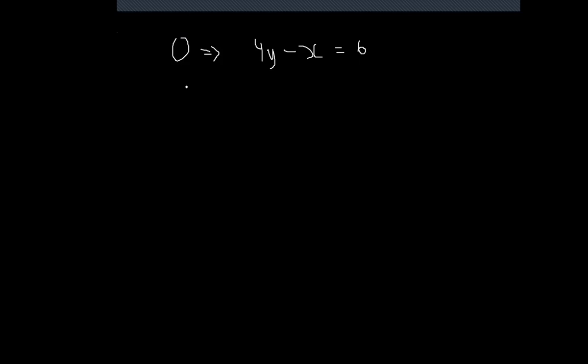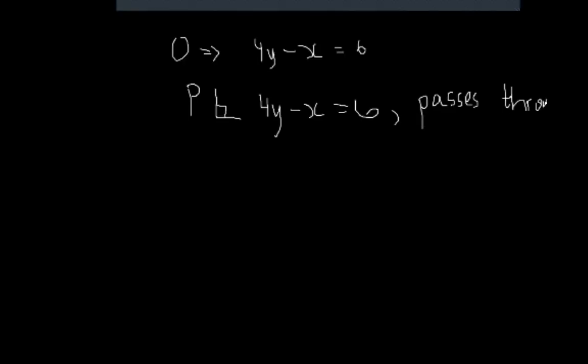And they told you a line P is perpendicular to this line O. So it's perpendicular to 4y minus x equal to 6. And P also passes through a point minus 3, 5.